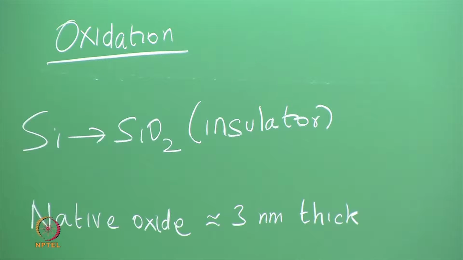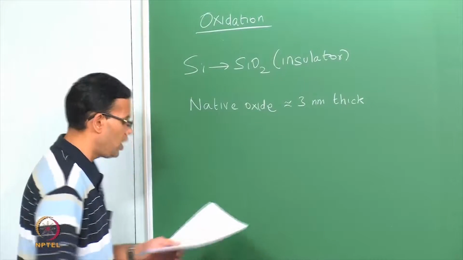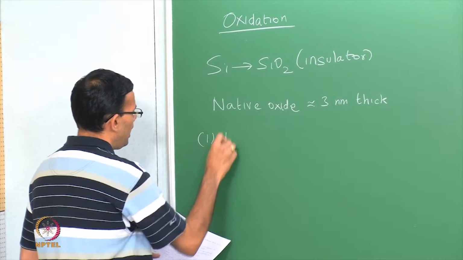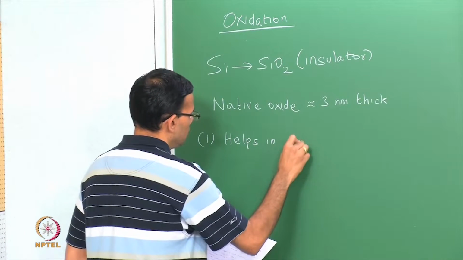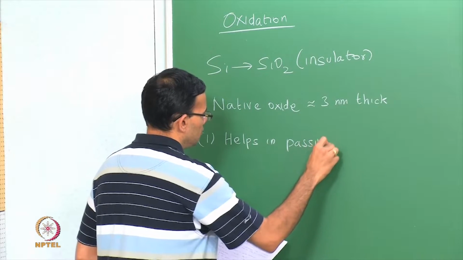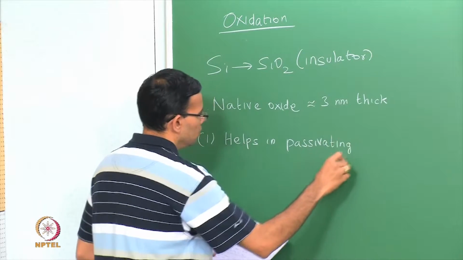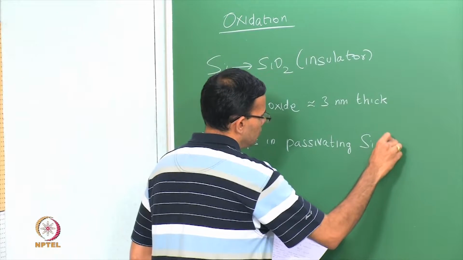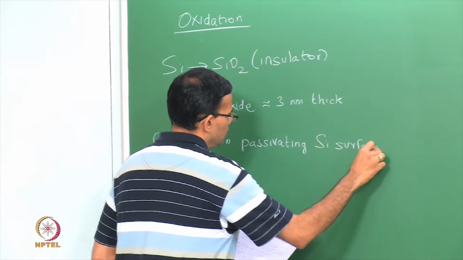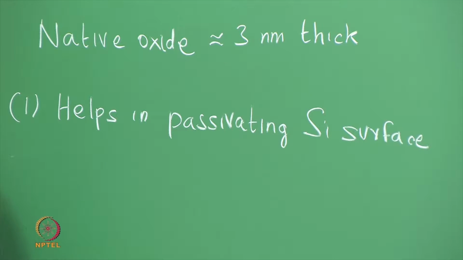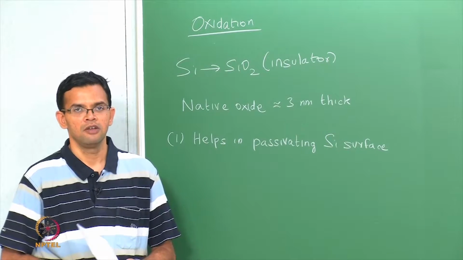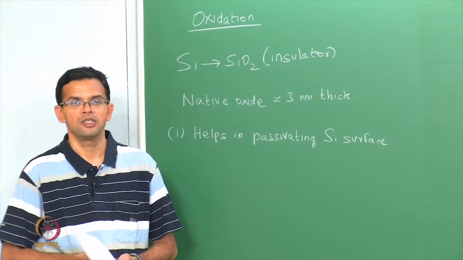Silicon dioxide performs a couple of functions. One, it helps in passivating the surface. So, this passivation can be both physical and chemical. This is very important because surface passivation will also affect the electronic properties.